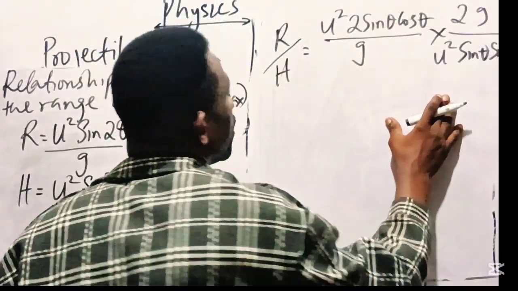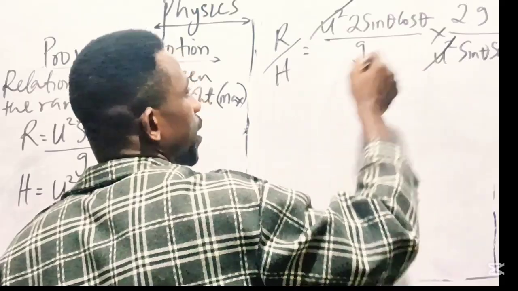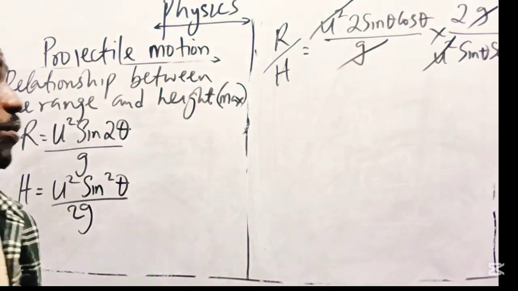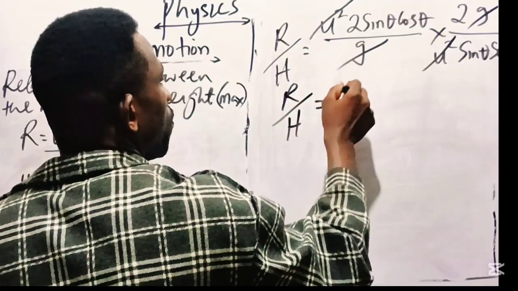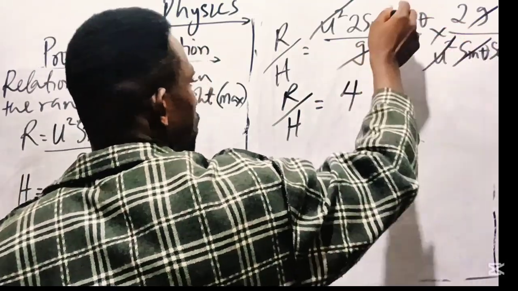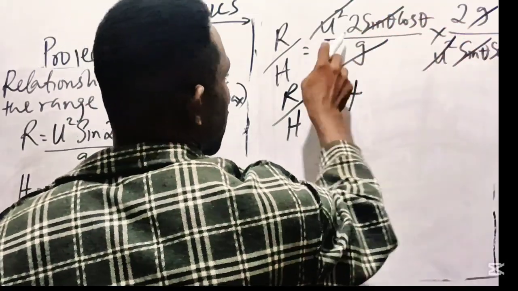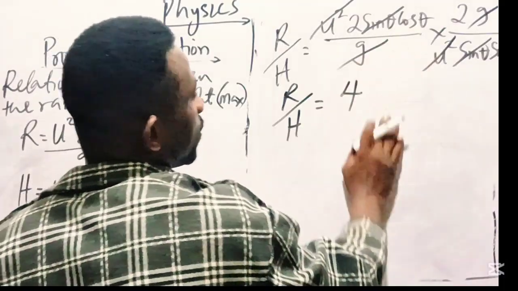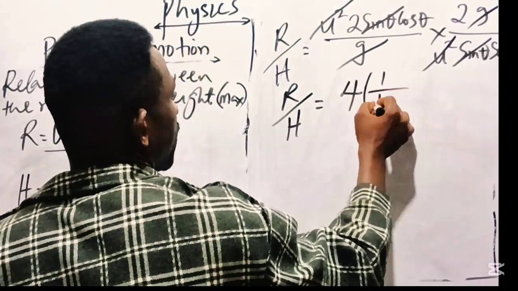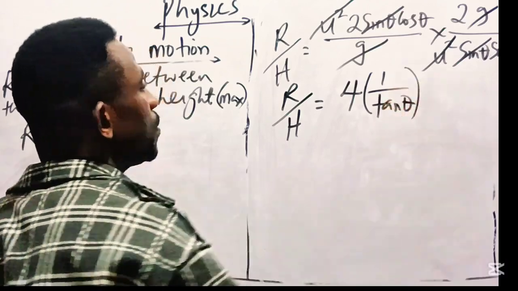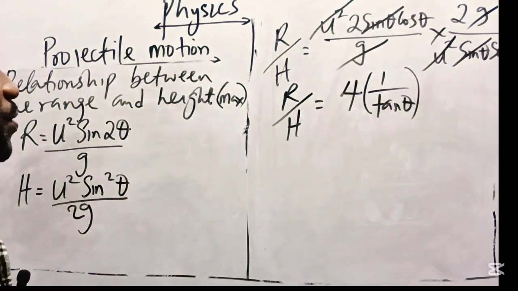From here, U squared cancels out U squared, G cancels out G, then 2 times 2 gives us 4. Sine cancels out sine, and cos theta over sine theta gives us cot theta, that is 1 over tan theta.